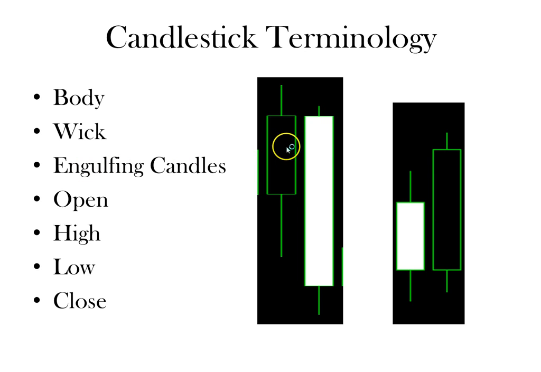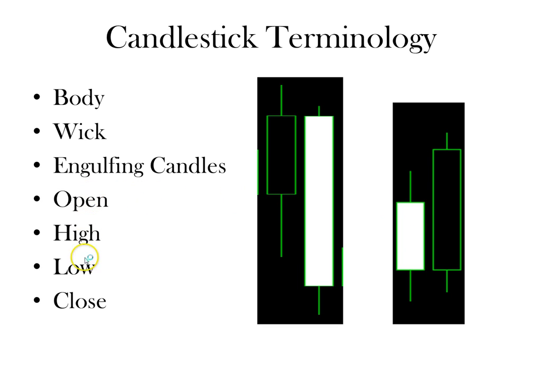It consumes the candle next to it. As you can see, this candle body is consumed. It is engulfed. It is smaller than this candle right here. This is an engulfing candle. Same here. This is an engulfing candle. This candle is smaller than this candle, so this candle is an engulfing candle.